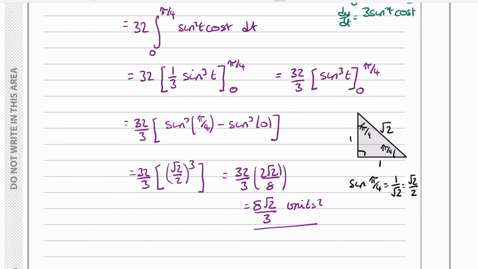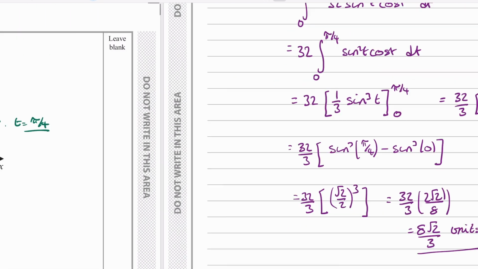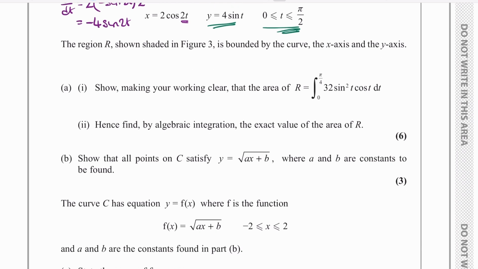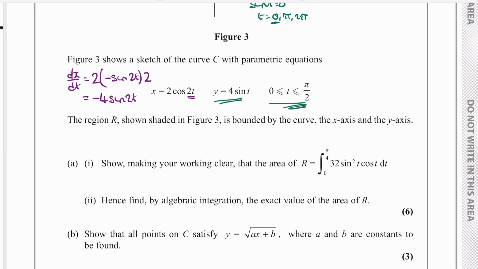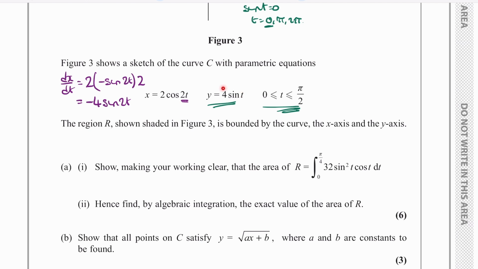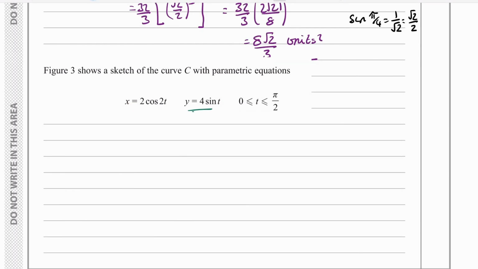Okay? For question B, we're asked to show that all points on C satisfy this Cartesian equation. So we need to work out a Cartesian equation of these parametric equations. We can begin with this y.